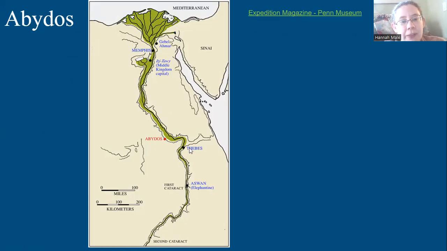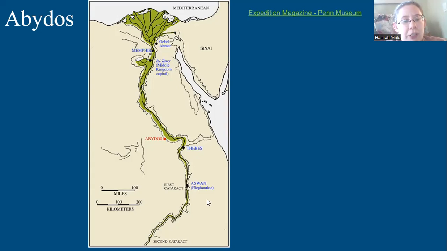And then this is Thebes. So again, in the Middle Kingdom, Thebes starts to really achieve prominence that it didn't have in the Old Kingdom. That really revs up in the New Kingdom. This is maybe where that new Middle Kingdom capital of Ijtawe was.